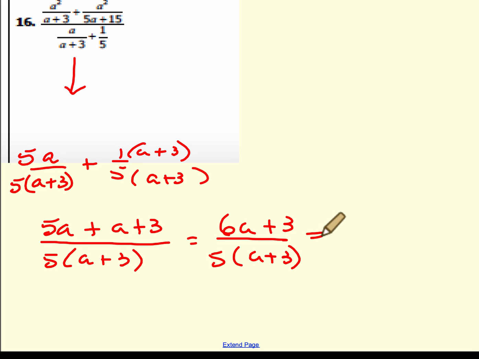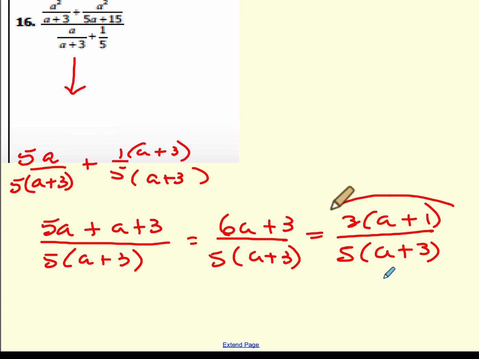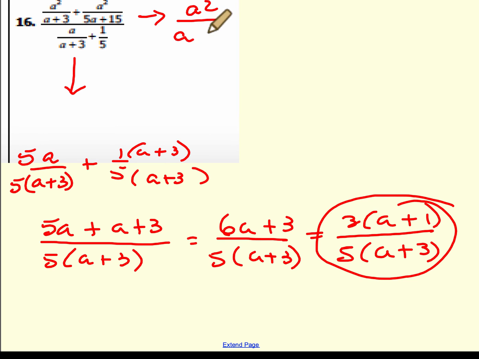And 6a plus 3 factors to 3 times a plus 1, over 5 times a plus 3. Okay, so that's my denominator. Okay, numerator, I have a squared over a plus 3 plus a squared over 5, which means I'm missing a 5 on the left term.